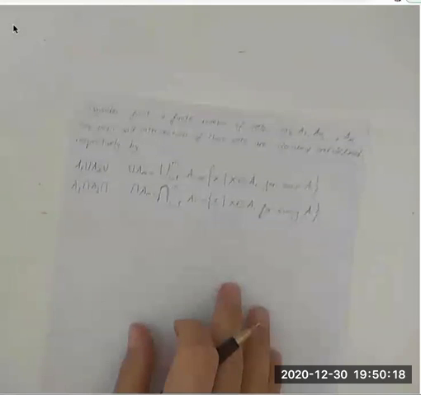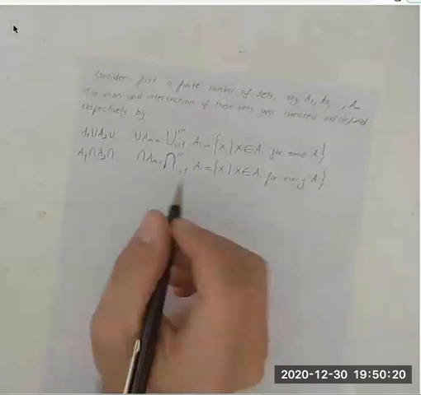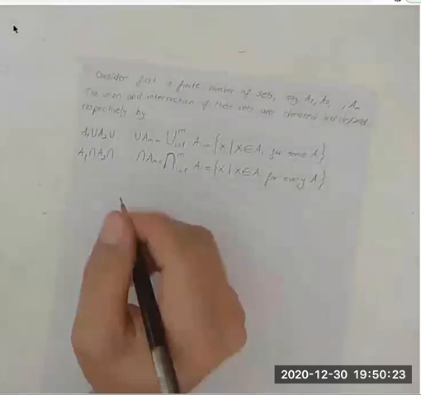So this is the notation for the generalized set operation.